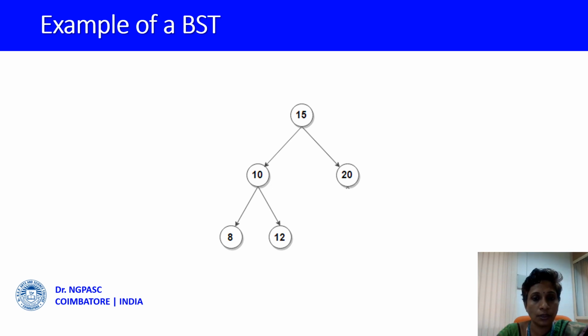So here if we look into this subtree alone, 10, 8 and 12, here we see that the left side of 10 is 8, which is less than 10. The right side of 10 is 12, which is greater than 10. The condition is satisfied at this level. Together, along with this complete tree, the complete tree also satisfies the property of a binary search tree.